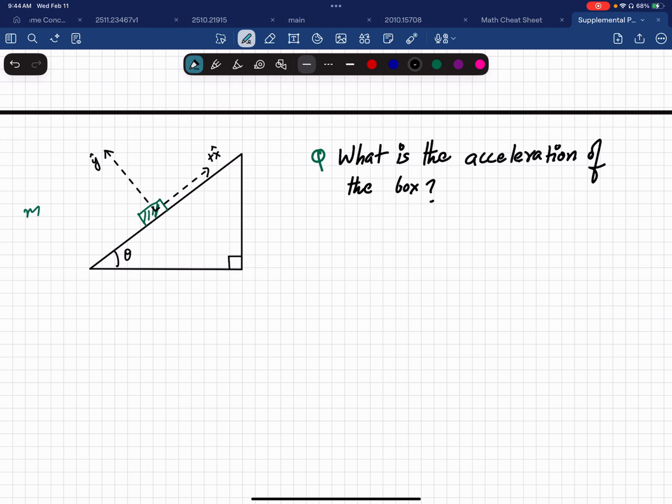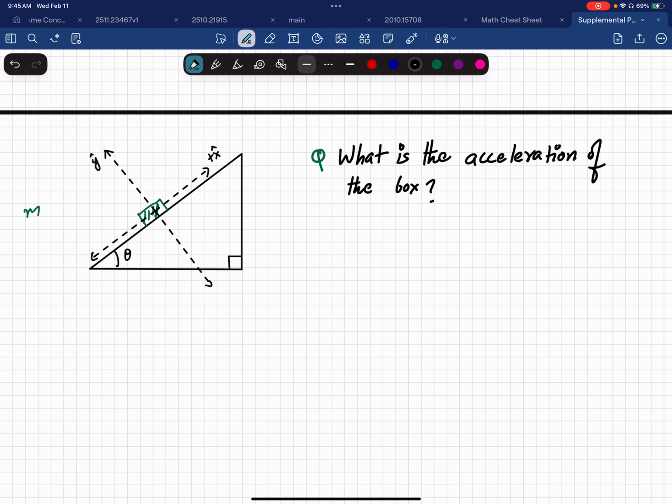Good. Now, when you're taking along the surface, you will be tested on your geometry here, as to understand the angles between each other. Okay.